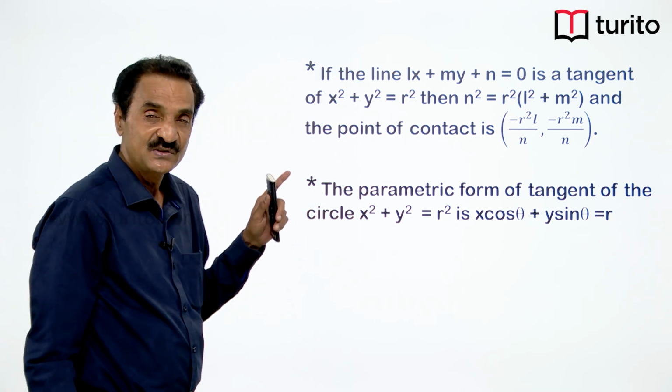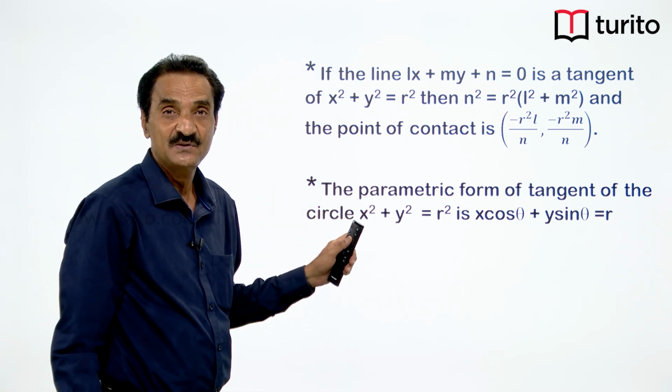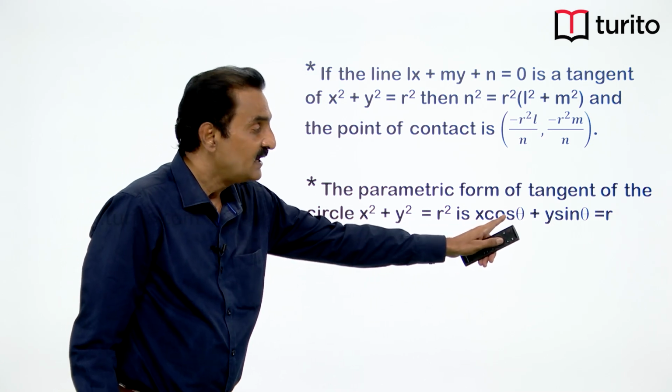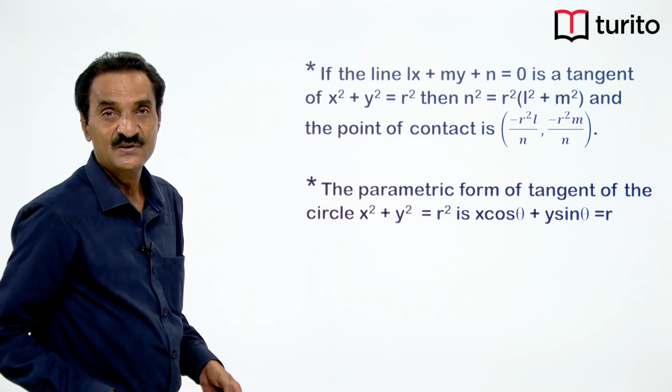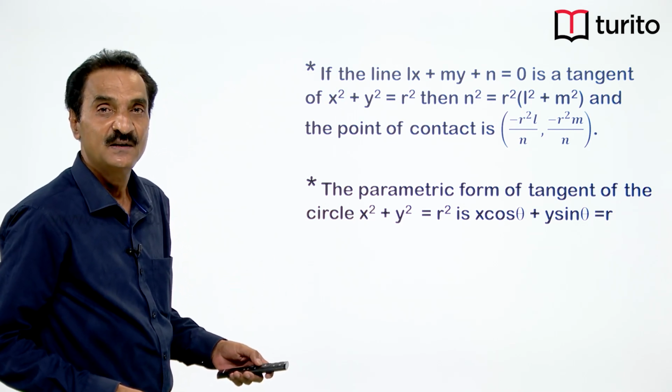Whenever you want to consider a tangent to the circle x square plus y square is equal to r square, you can take x cos theta plus y sin theta is equal to r, or, as we just discussed, the slope form of the tangent, we can take that equation.